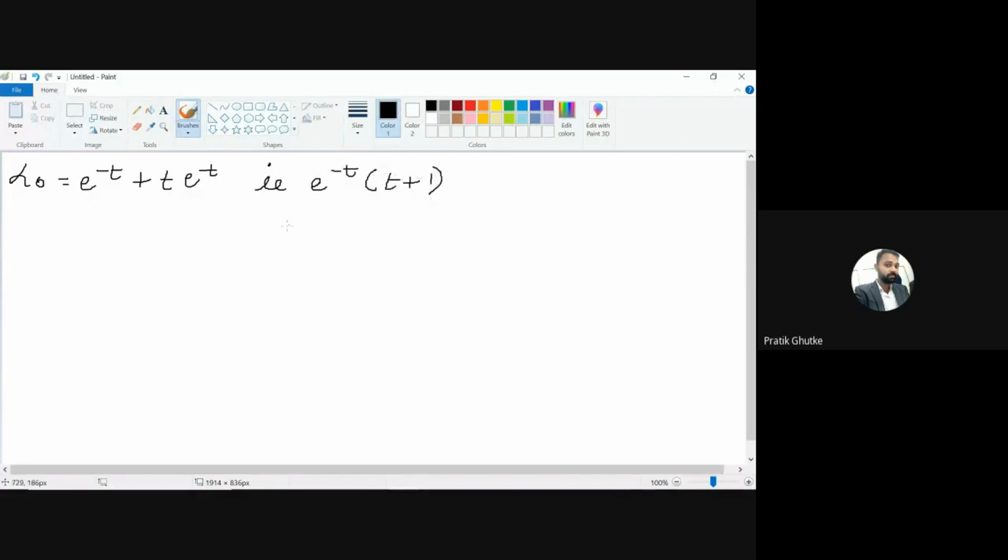Then as per the Cayley-Hamilton theorem, f of A equals r of A. Okay.